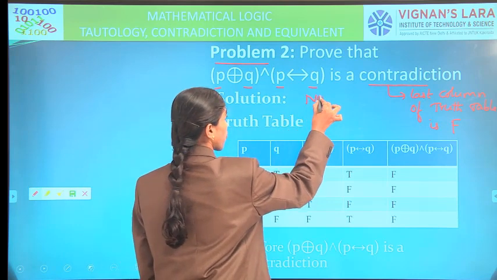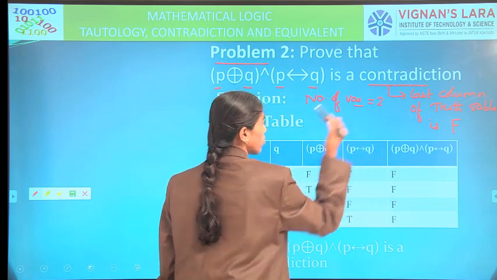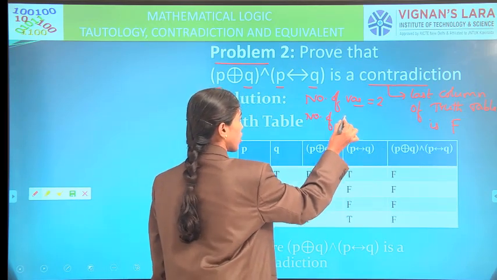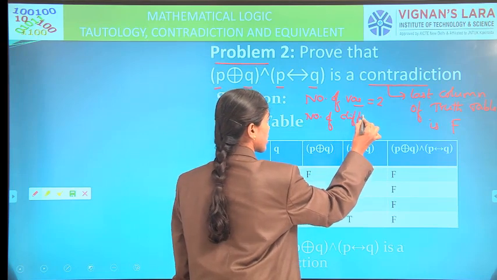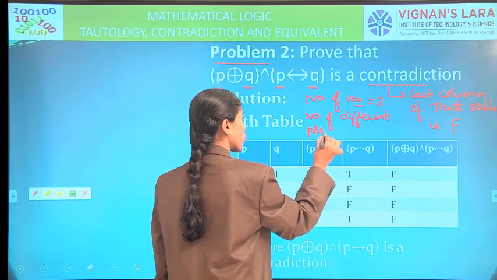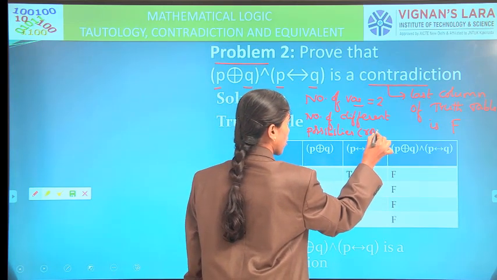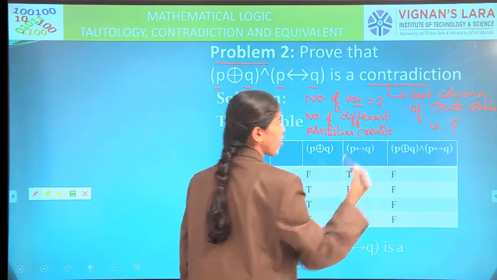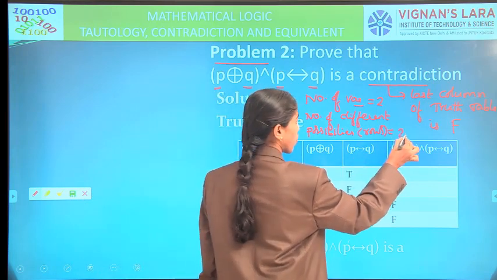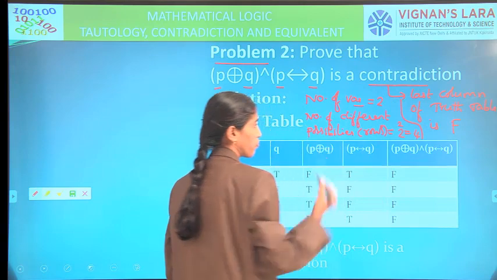So the number of variables is equal to 2. The number of different possibilities of truth values, which is nothing but the number of rows, is equal to 2 squared, which is equal to 4. Right?